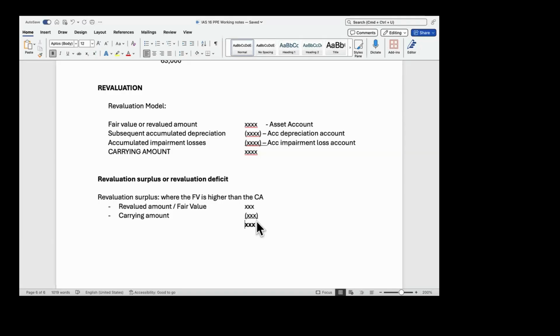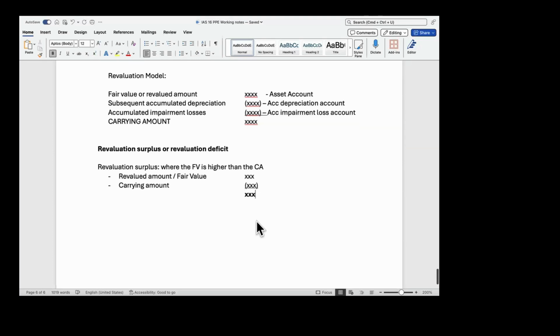The conceptual framework says that you put such income in the other comprehensive income, which you would eventually transfer to your revaluation reserve. You put it as a reserve because it's an unearned income.